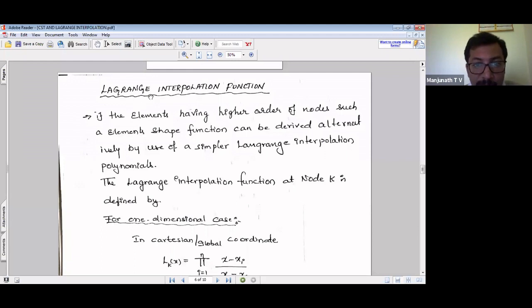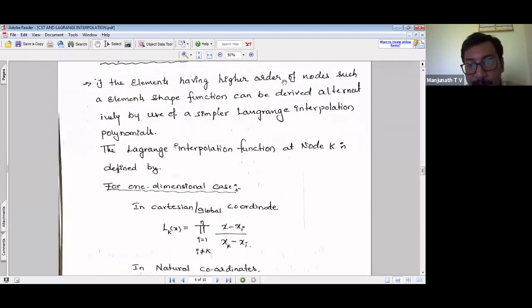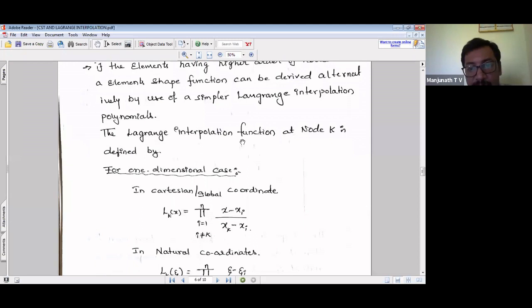So if the element has higher order nodes, such an element's shape function can be derived alternatively by use of the simpler Lagrange's interpolation polynomial function. If it has more number of points, we can easily find the shape functions by using this Lagrange's interpolation function.